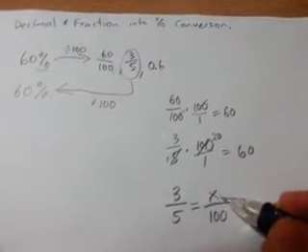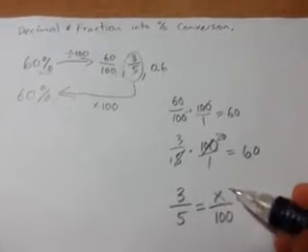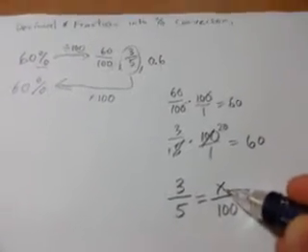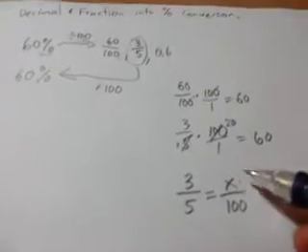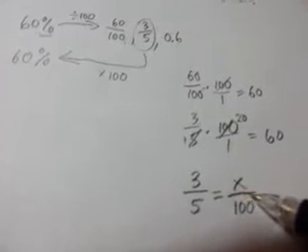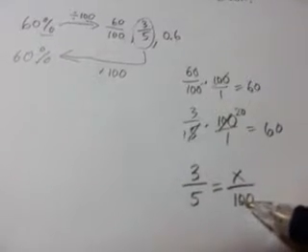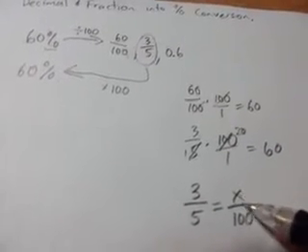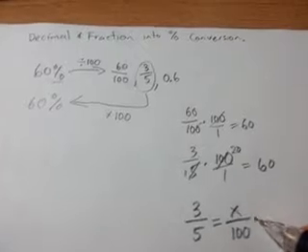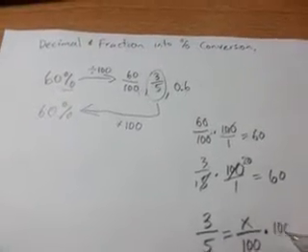But how do I undo, or how do I make x alone in this situation, right? We did this in Mr. Ovalle or Ms. Jurasovic's class. How do I make x alone? What's getting in the way? The division of 100. So then, if I want x to be alone, I have to undo the division of 100. How do I do that? I would do the opposite operation, or the inverse operation, which would be to multiply by 100.